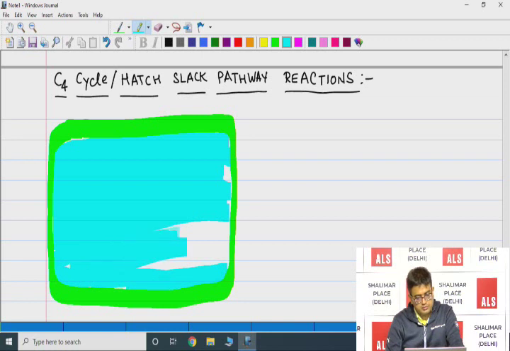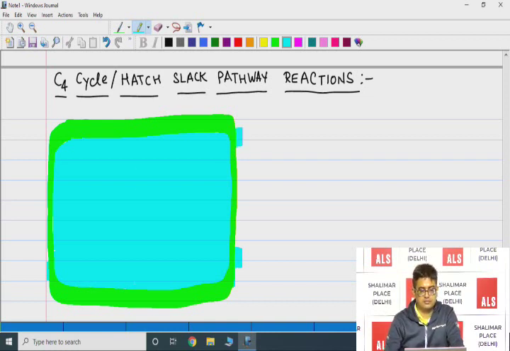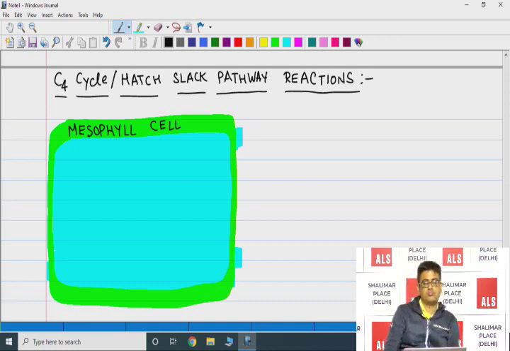This is a mesophyll cell basically. Just adjacent to the cell, we will place another cell and we will call it the bundle sheath cell.